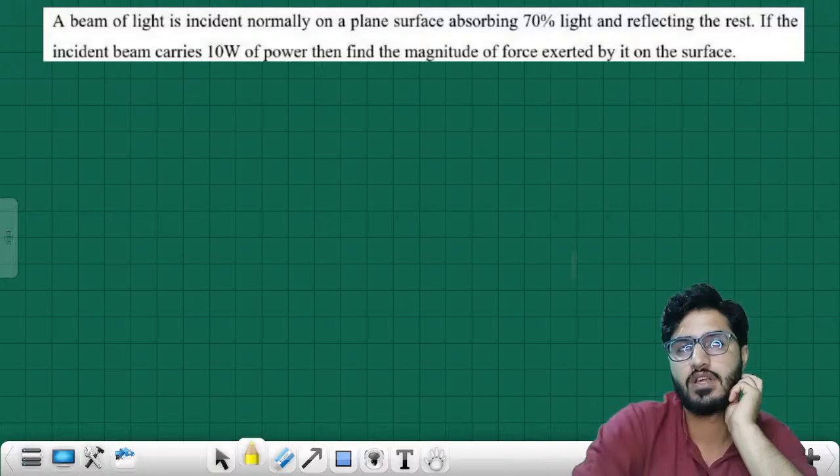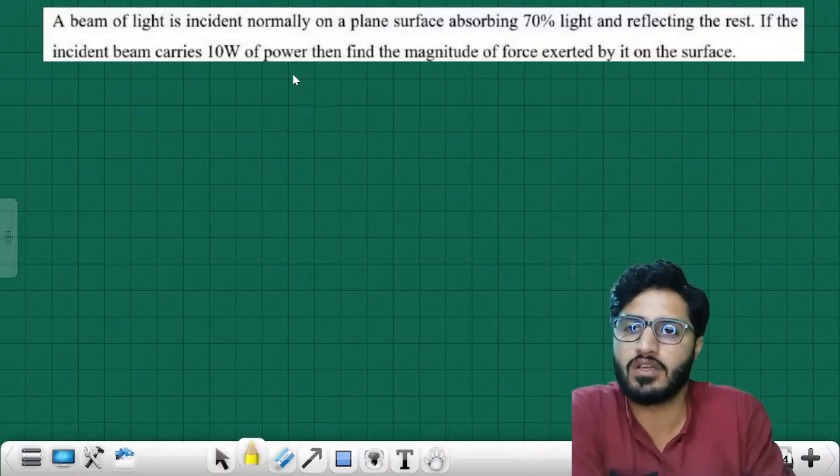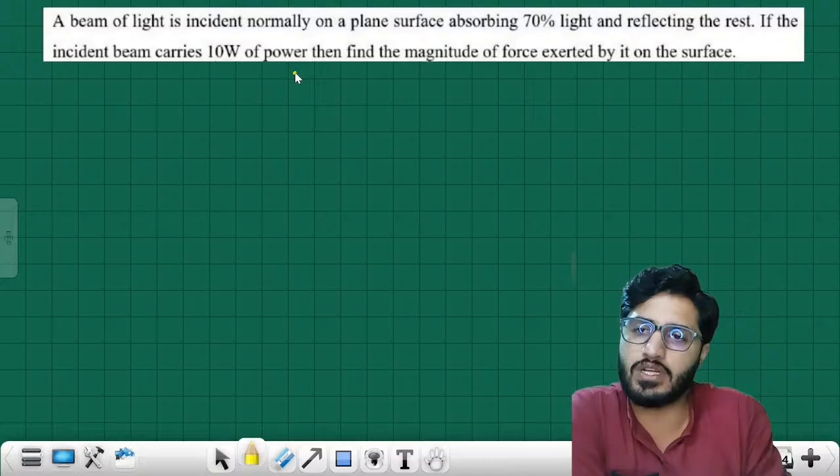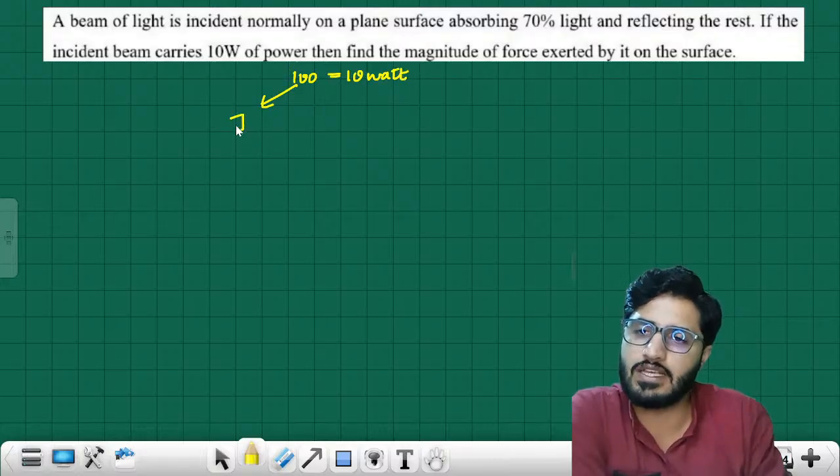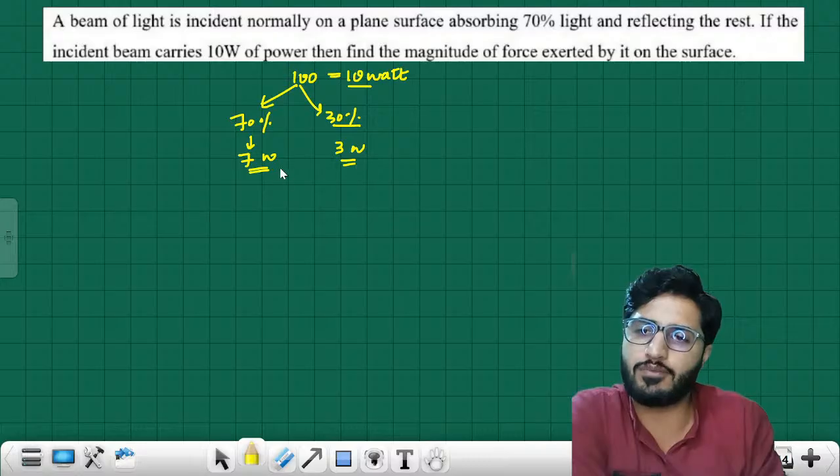Total is 10 watt, 70% and 30%. 70% of 10 is 7, 30% is 3. So 7 watt is absorbed and 3 watt is reflected.